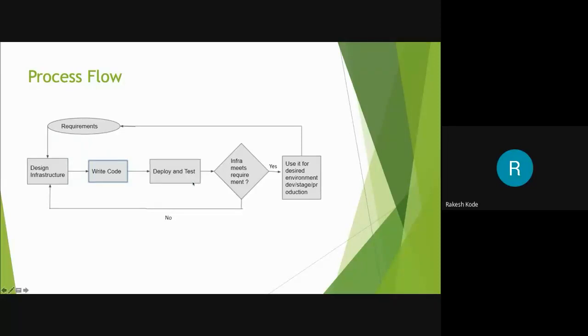Once deploy and test is done, we look at whether the infrastructure meets the requirements or not. If it meets them, well and good, go ahead and use it for the desired environment, like dev, stage, production, or any other environment. Once this cycle is done, we go back to the requirements, get more data, more requirements, and start the process again.